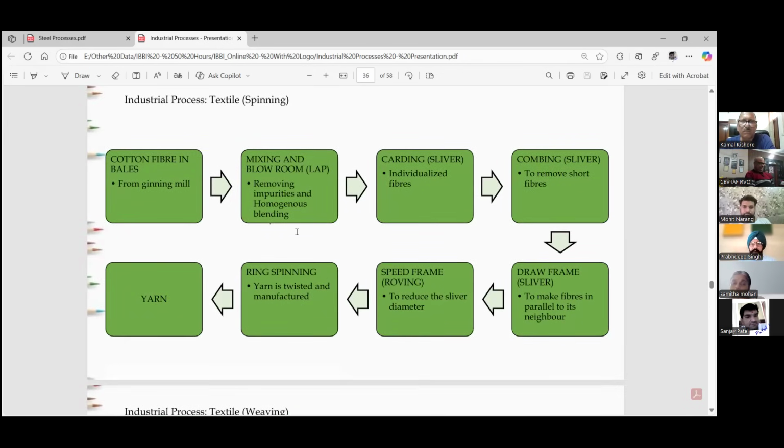Sir, converting fiber into yarn or thread. Yarn. Okay, in a spinning mill, your cotton fibers are converted into yarn.